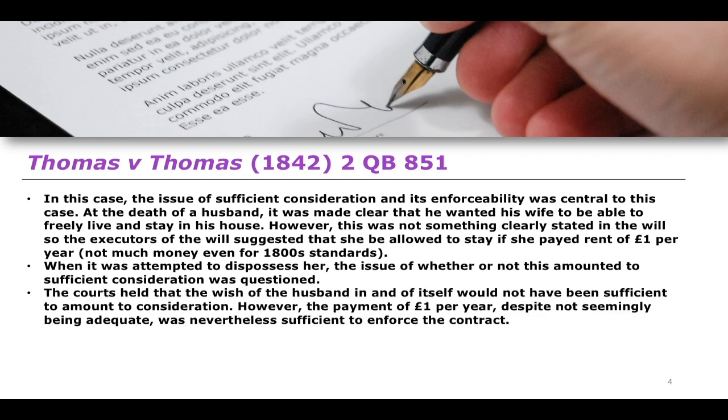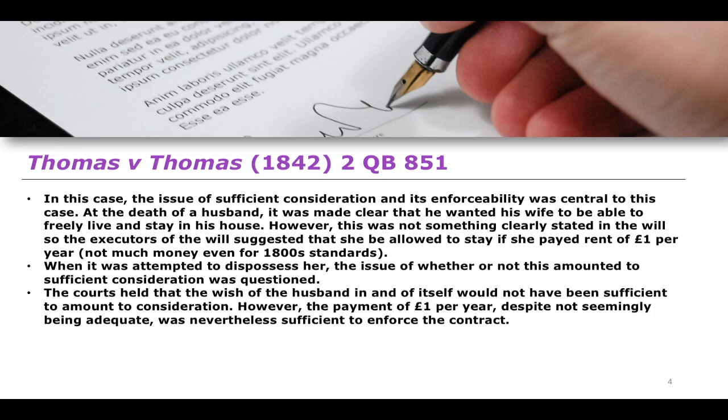Well, the courts held that the wish of the husband in and of itself would not have been sufficient to amount to consideration. Just having the death of the husband and making it clear he wanted his wife to live there wasn't enough in and of itself to amount to sufficient consideration.